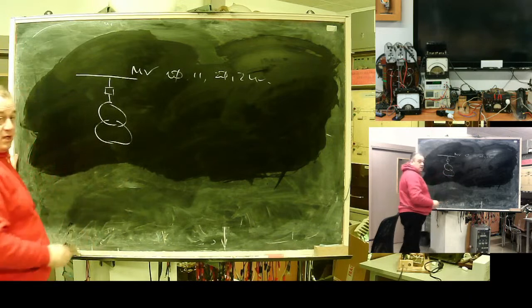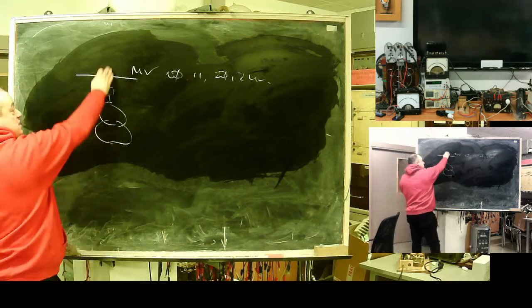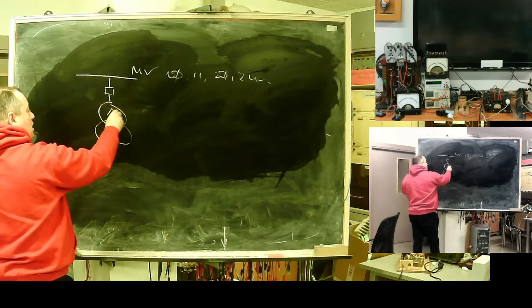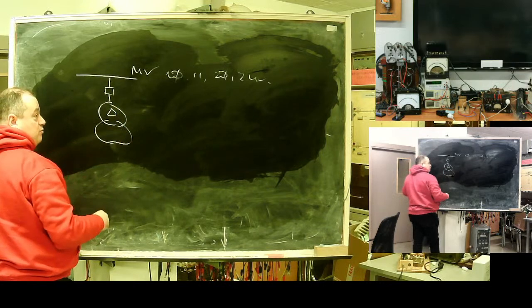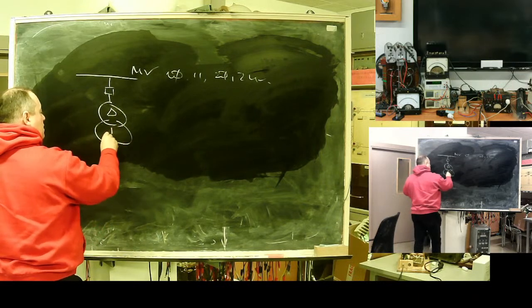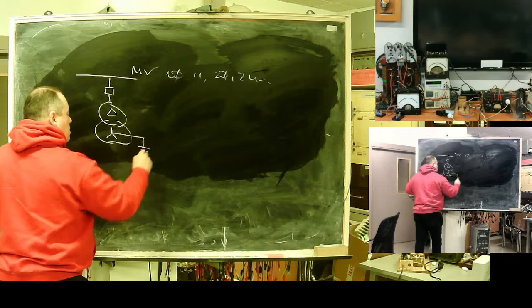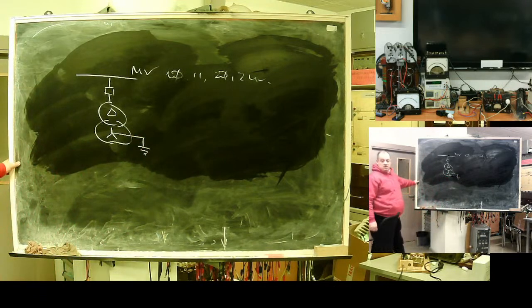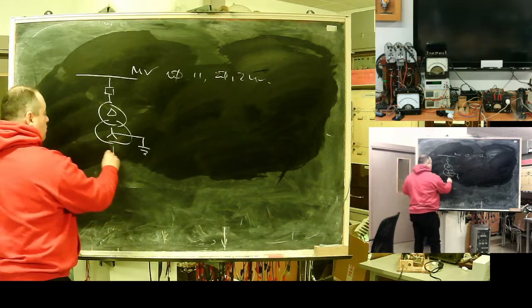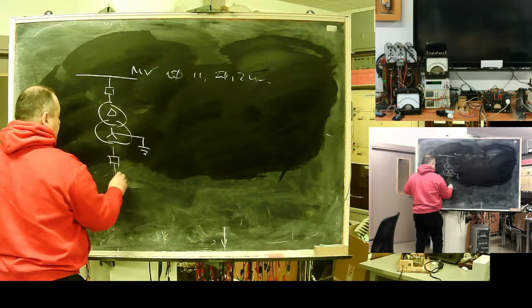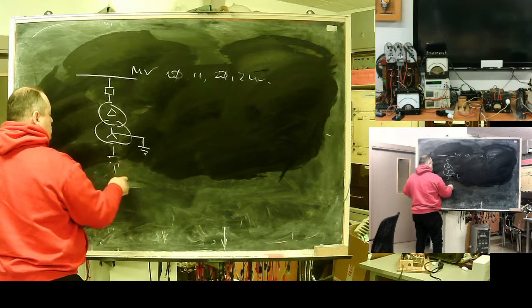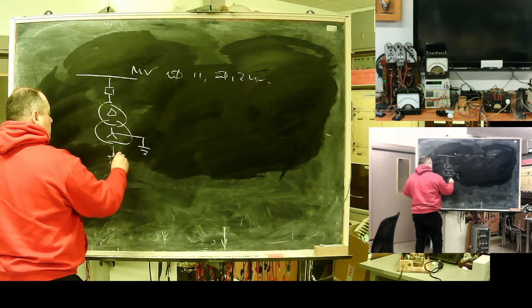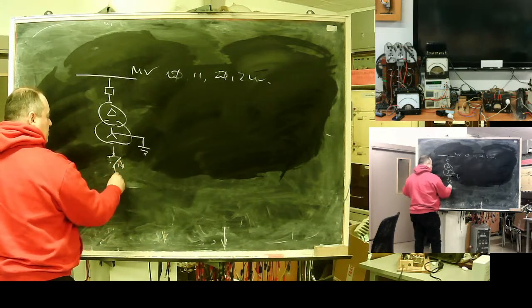Connection transformer. This is your distribution network. Here we will have most possible delta connection. Ground start connection at a 0.4 kilovolt part. It will be circuit breaker, okay. Maybe automatic switch.